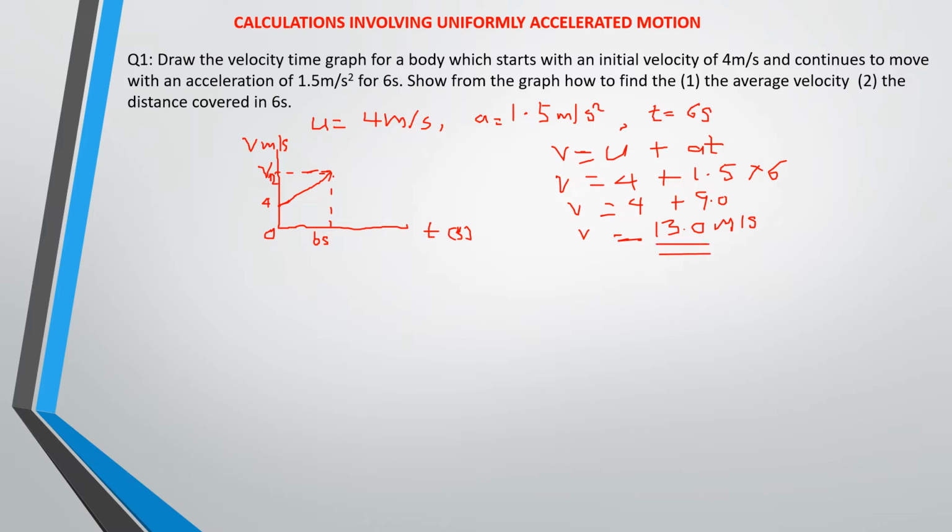So your v2 here will now be 13.0. The initial velocity is 4 meters per second, and this one is 13.0 meters per second.